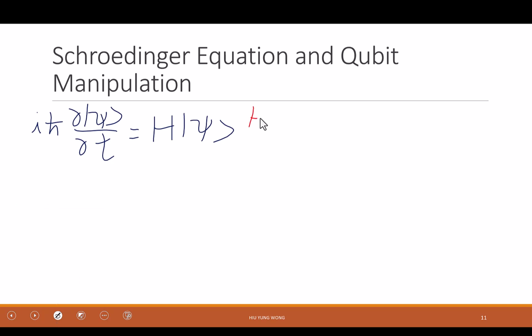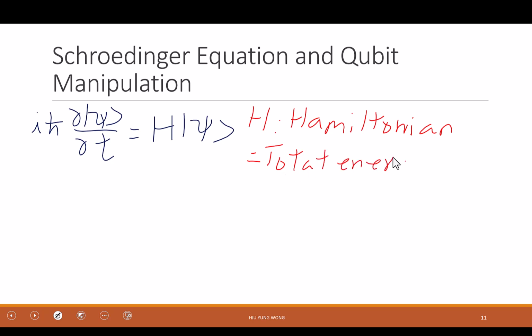So-called Hamiltonian. And we also don't need to know what is Hamiltonian in this class. But it's not difficult to understand if someone tells you that Hamiltonian is the total energy of the system, which equals the kinetic energy plus the potential energy.